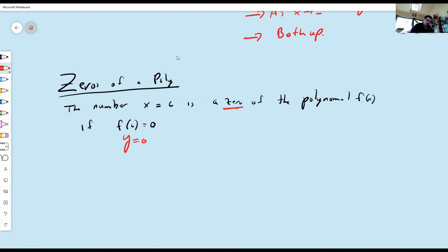In the past, you may have heard this referred to as an x-intercept, solution, or root.